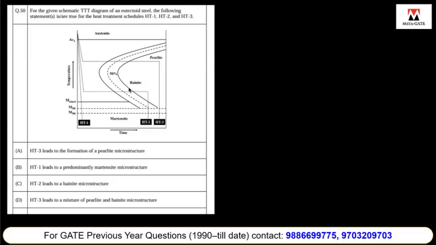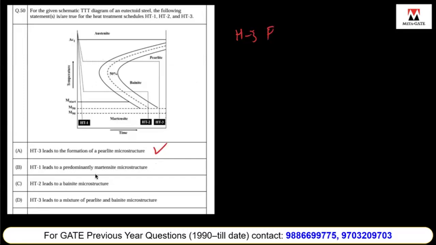In heat treatment 3, you are cooling the austenite below the intercritical temperature and then holding the sample, crossing both pearlite start and pearlite finish. So heat 3 will be complete pearlite. So this is true.